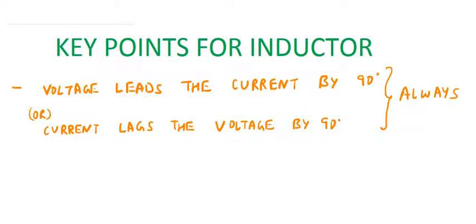Current lags the voltage by 90 degree only when the inductor is pure, the value is pure inductance, not including resistor. And second, inductor always stores energy in the form of magnetic field.